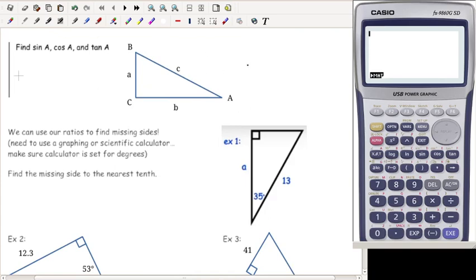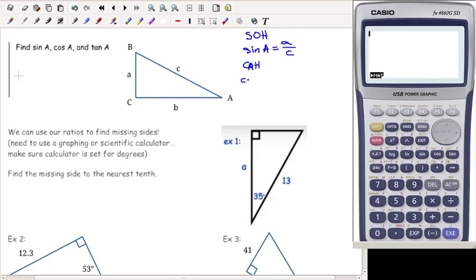So thinking about this triangle now, we want to find sine A, cos A, tan A. So sine A is going to be opposite over hypotenuse. So I go to A and I say opposite. That's this one right here, little a. Hypotenuse, little c. Cosine A, well, that comes from CAH.